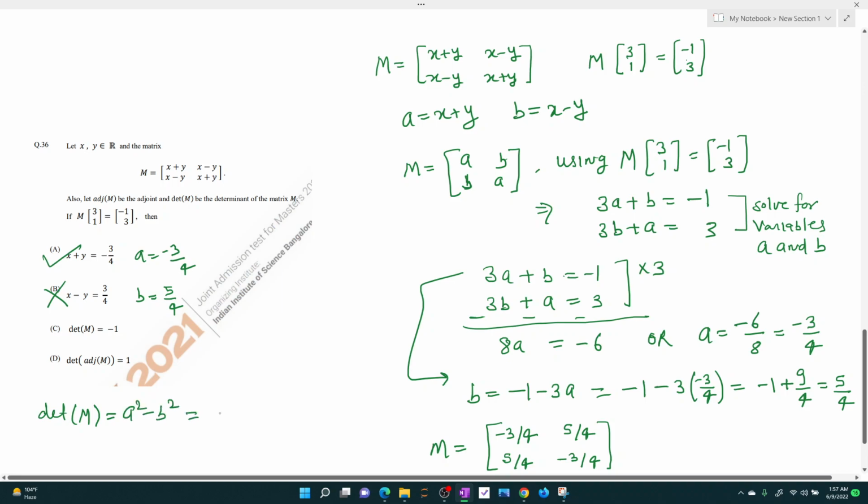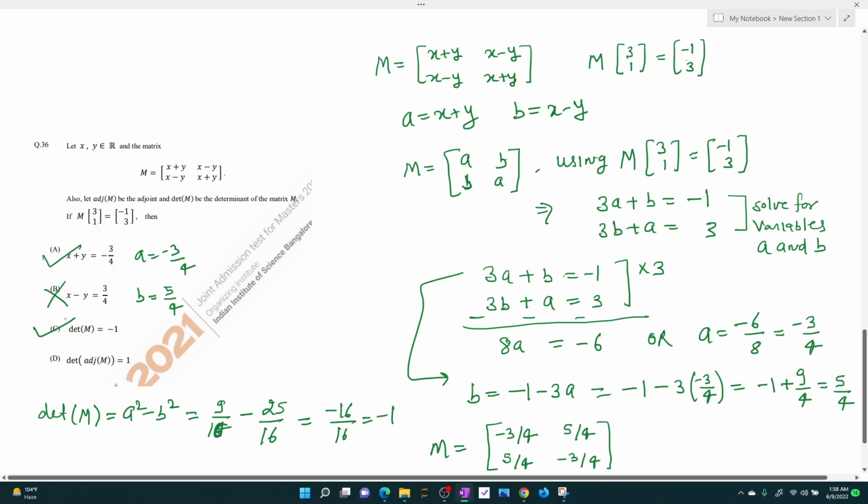The value of a square is 9 by 16, and the value of b square is 25 by 16, right? So this is minus 16 by 16, which is minus 1. So option C is also correct.